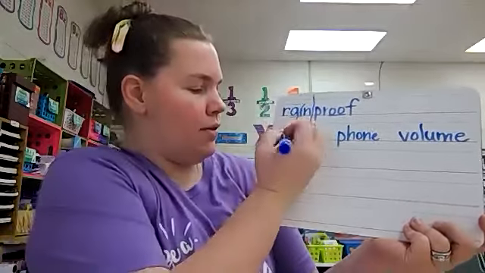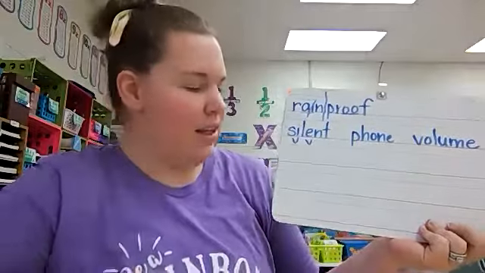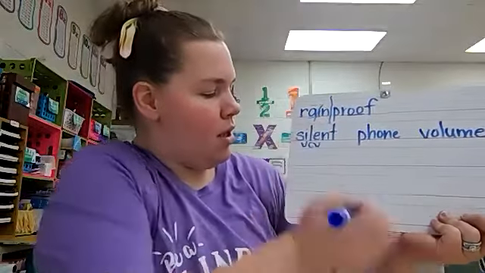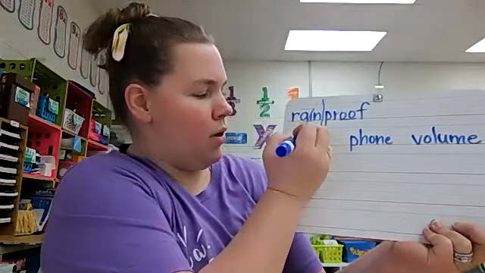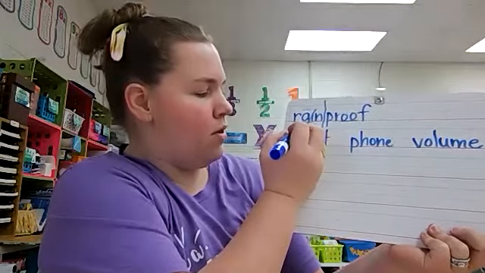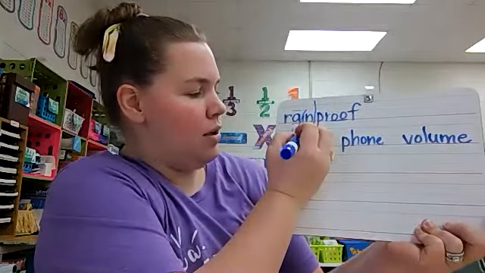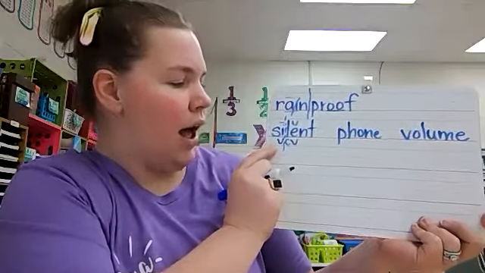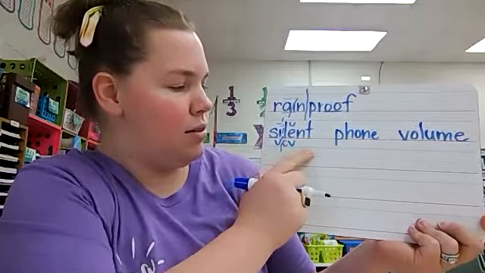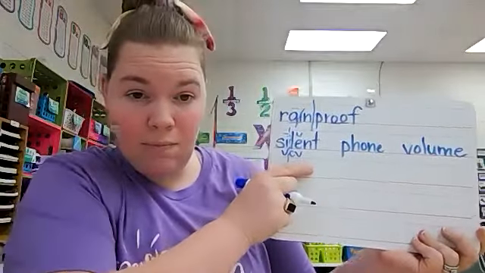I see no obvious coding, so we're going to have to find the vowels. We have I and E, and one consonant. So let's try it here. We always try it here first. That would make this I long since it's open, and the E closed. Silent. Is that a word?